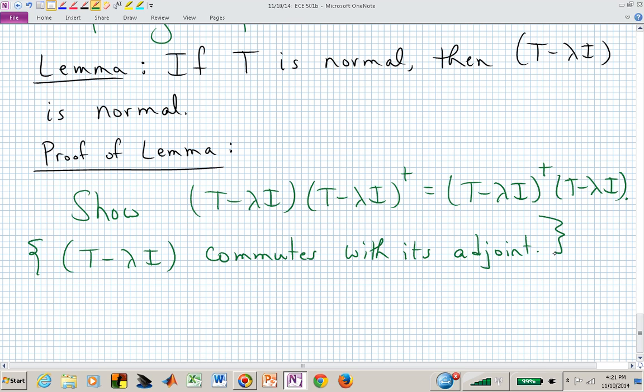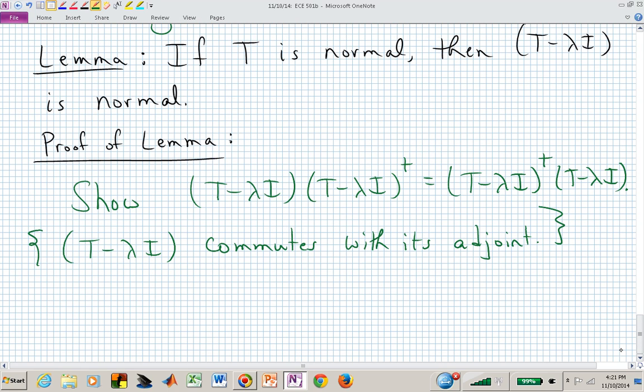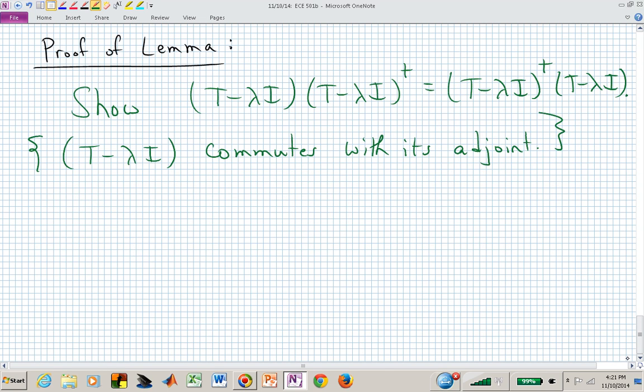We have the left-hand side and the right-hand side. Let's find an expression for the left-hand side and show that we can get the same expression for the right-hand side, and then we'll be able to conclude that those two are equal. Right now, they may not look completely equal.